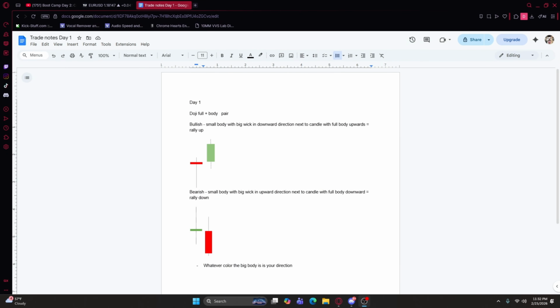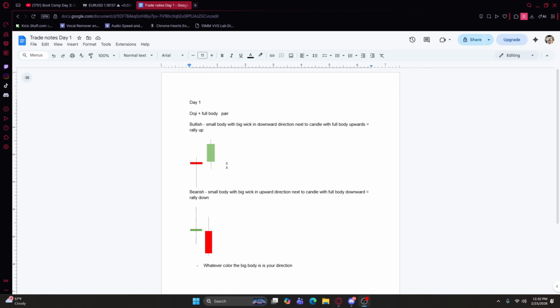So, okay, look, let's review the work. Let me take my face off of it so we can just review the stuff. Day 1, this is what we learned, guys. Doji plus full body pair. So this is how you know we're going in the bullish direction. A small body with a big wick in the downward direction next to a candle with a full body upwards equals a rally up.